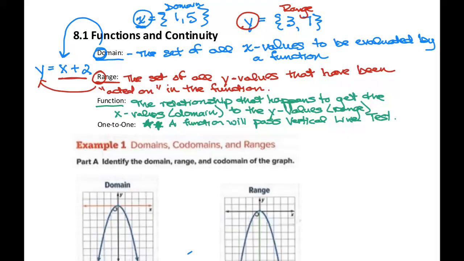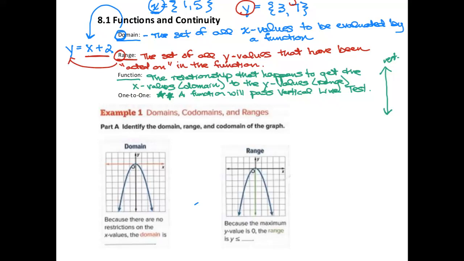A function will pass the vertical line test. This way is vertical. Which means if you have a graph and you put it on the graph vertically, any vertical line in there, if it goes through that graph only once, that means it's a function. Okay? And then finally, we have, okay.